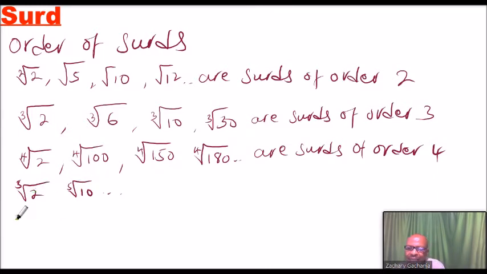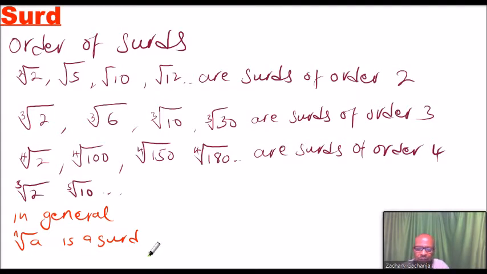In general, if we have an expression with an nth root that is a surd, then we say the order of the surd is n.